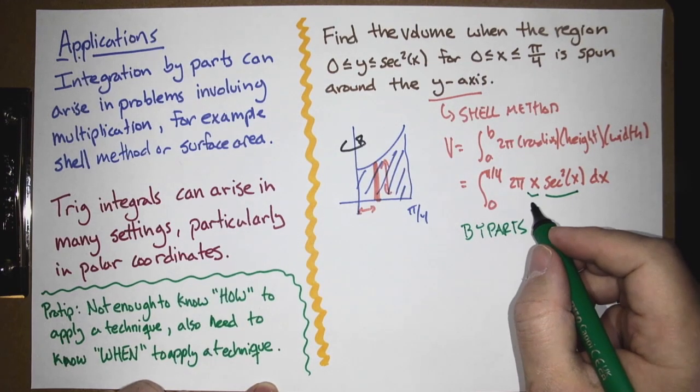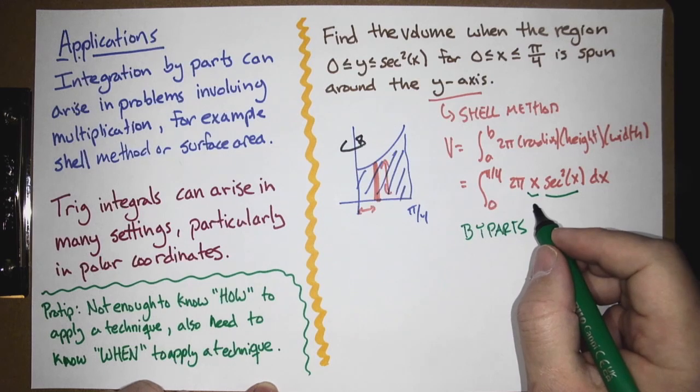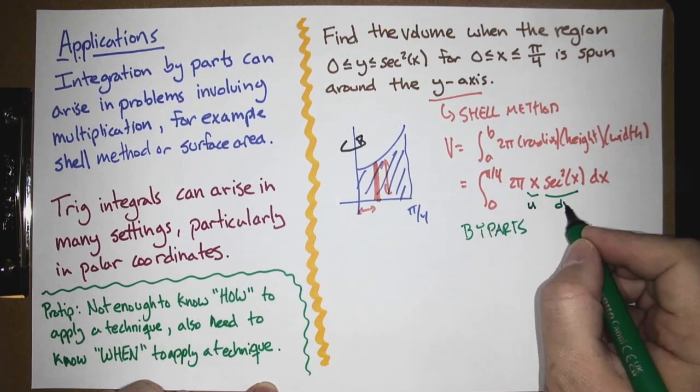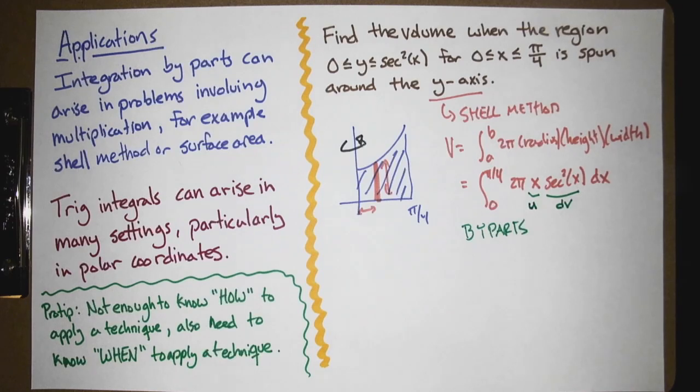It's not always obvious, so don't be like, aha, it's obvious. In this case, x is a good candidate for u, because if you take the derivative of x, what does it become? 1. That's a lot easier to work with. And can you integrate secant squared? Yes. Now, we won't carry it out.